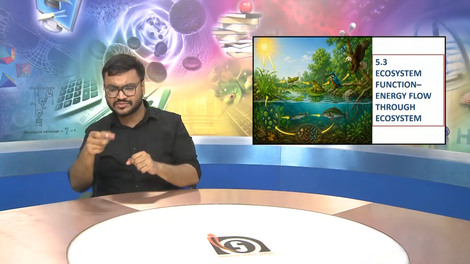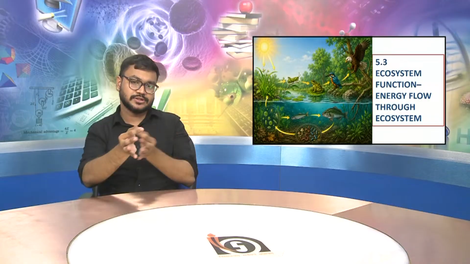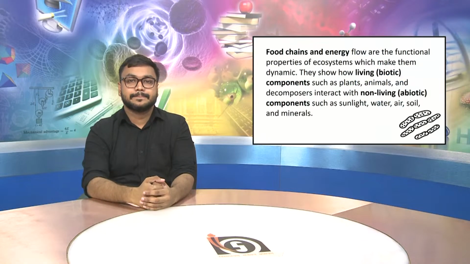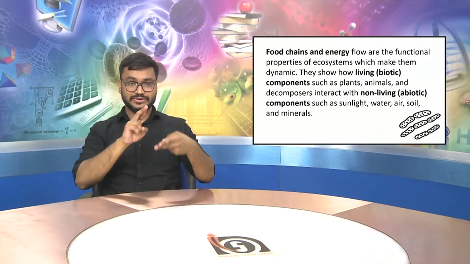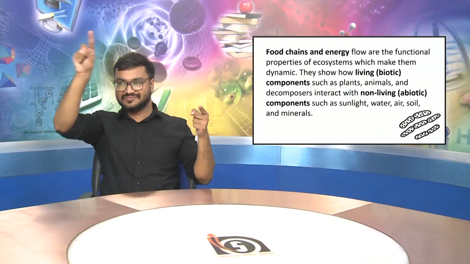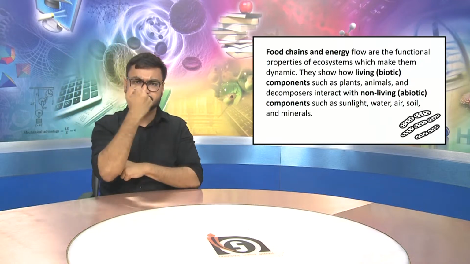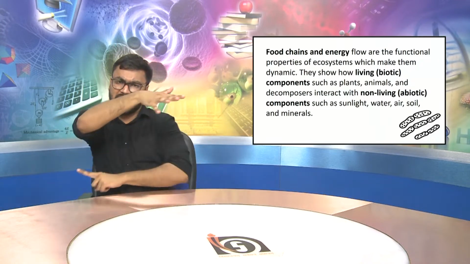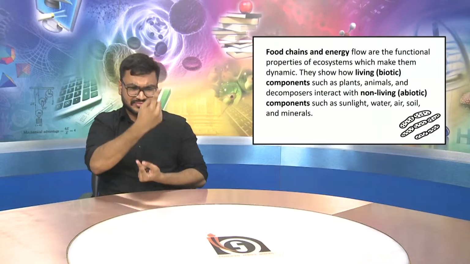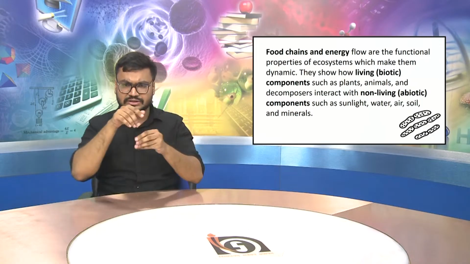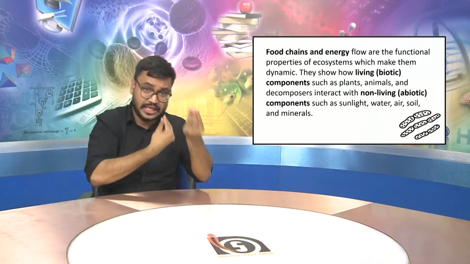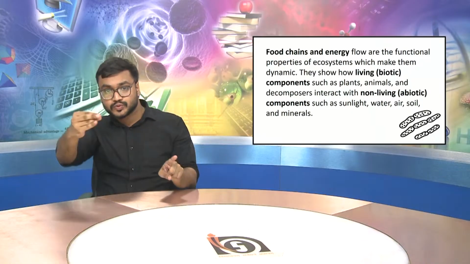5.3. Food chains and energy flow are the functional properties of ecosystem which make them dynamic.